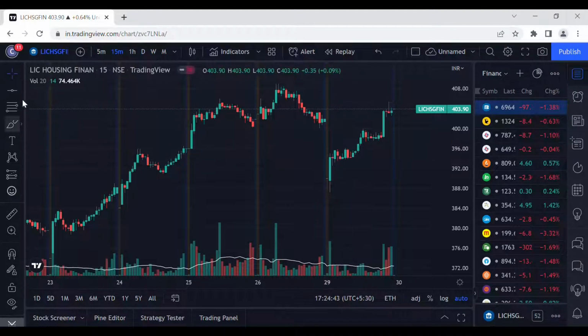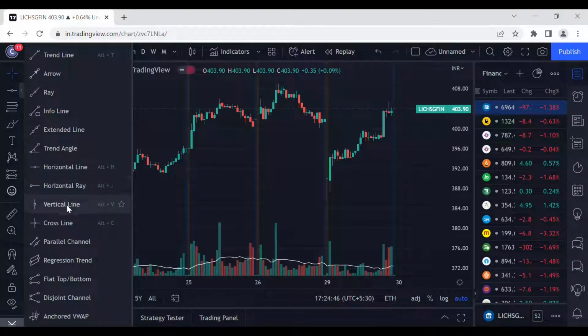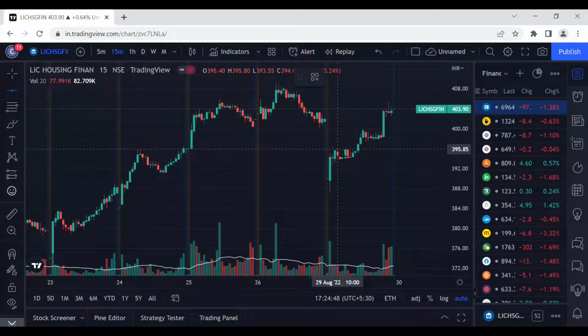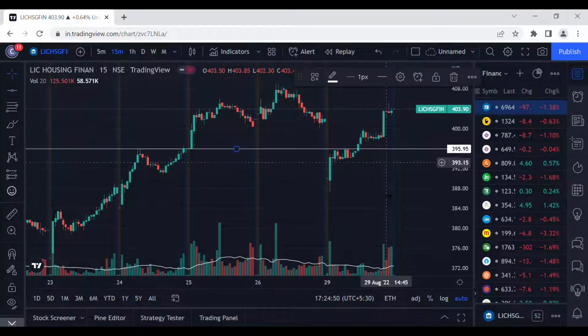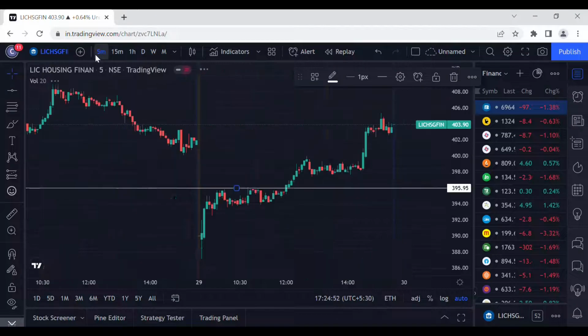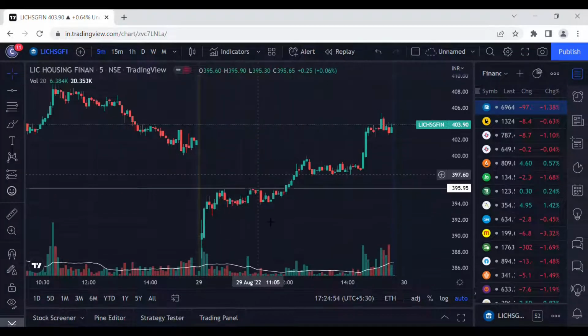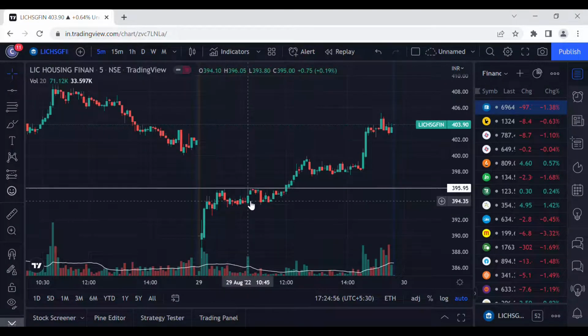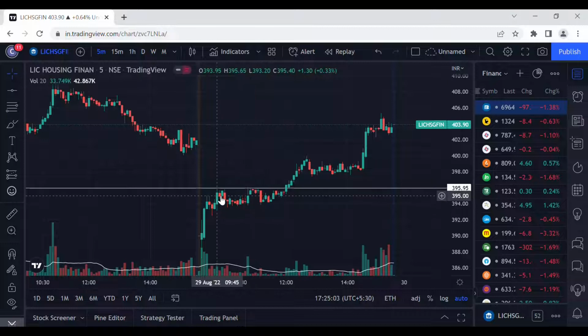Here if you see, at the same level it got rejected twice. Here it got rejected once, and the second time here it got rejected.